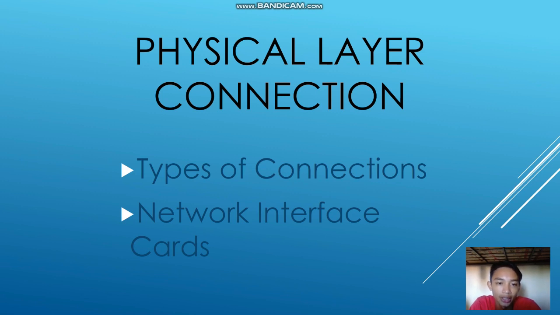Network interface cards. Network interface cards, or NICs, connect a device to a network. Ethernet NICs are used for a wired connection, whereas WLAN, or wireless local area network, NICs are used for wireless, and end user devices may include one or both types of NICs.